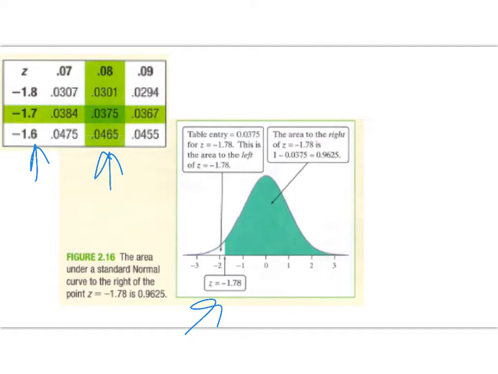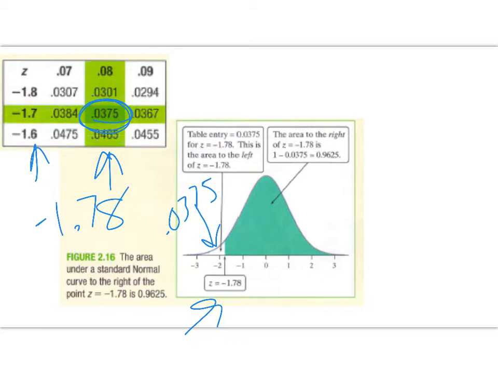When I put those together, I get my negative 1.78. This is my area, right there where the two cross. That is my area again to the left, 0.0375. But I wanted to know to the right. I wanted to know what percentage are greater than that. Remember, the percentage and the area are equal.